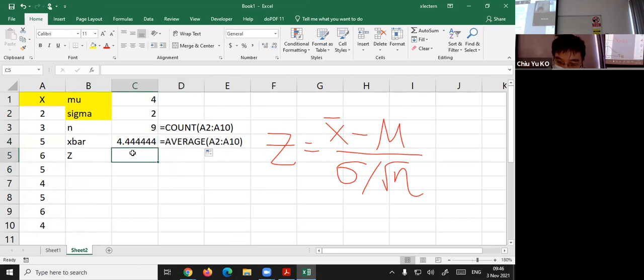So we need to calculate the Z statistic, which will be X bar minus the mu in brackets as the numerator, over the denominator sigma over root n. So this is the Z value. Is that okay for this one first?